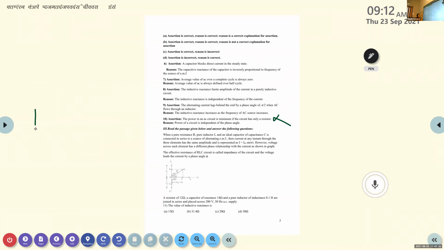We just write the power of an AC circuit is given by Vrms Irms cos phi, where phi is the phase angle. So P is equal to Vrms Irms cos phi. From this equation, we can say that power depends on the phase angle. So the reason is also wrong.